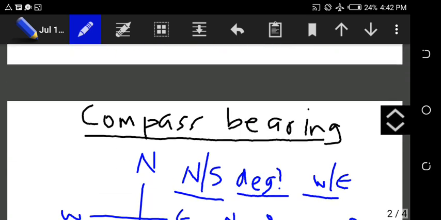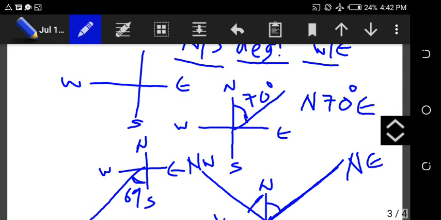Then the compass bearing always has three components: either the north or the south, then the degree value, and then what direction. Not forgetting that when you have a northeast direction, that would be 45 degrees; northwest, southeast, southwest are halfway in between north and east, north and west, south and east, south and west. That's where you have all those, and they are all 45 degrees.